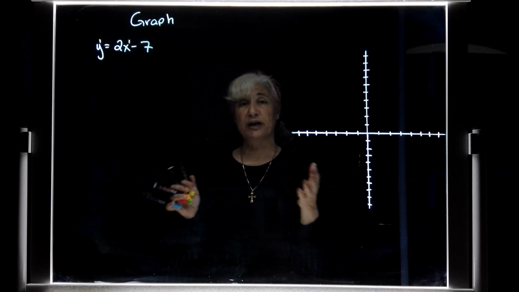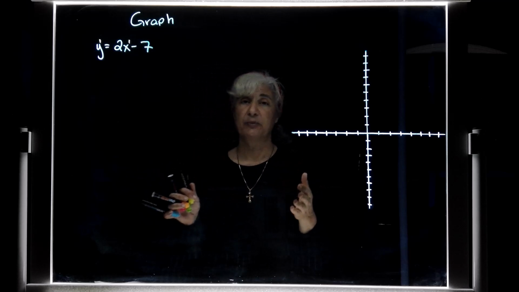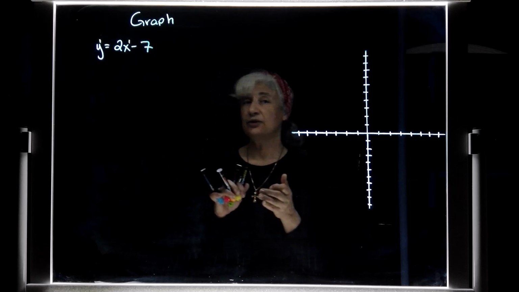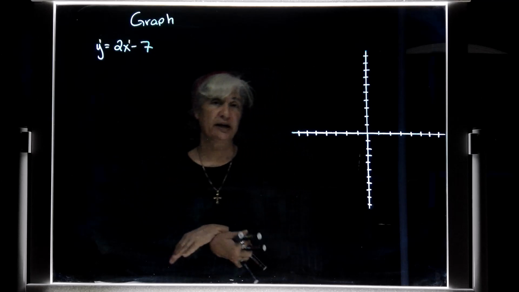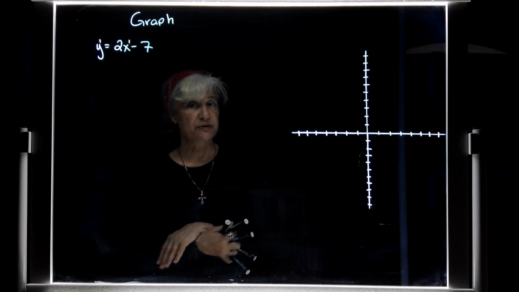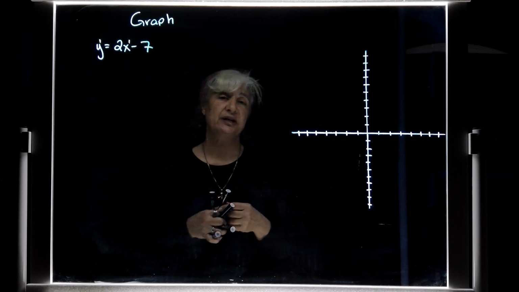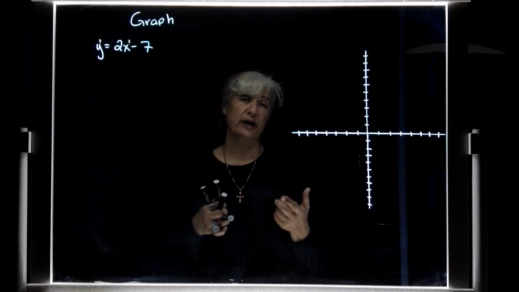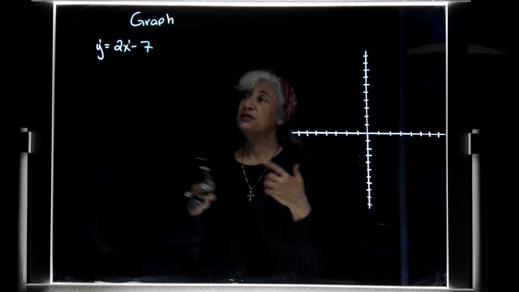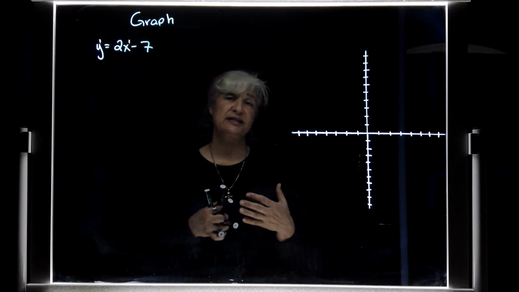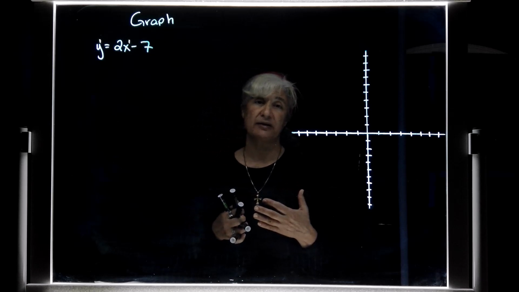You could find the X and Y intercepts. Remember, that's letting X equal 0, finding out what Y is, or letting Y equal 0 and finding out what X is. Or you can graph using the slope and Y-intercept method. So this particular equation is perfectly set up for the slope and Y-intercept method.